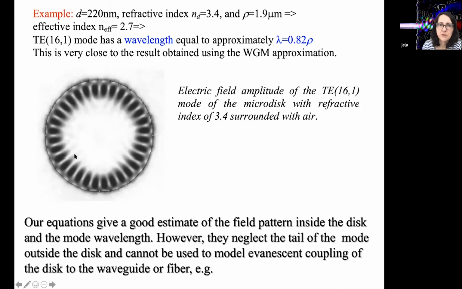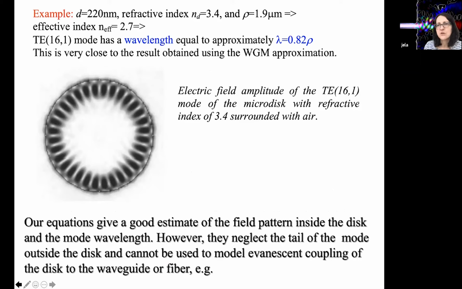It looks very similar. There are some differences, such as the field outside of the disk, but some of that is a result of scattering and imperfect discretization, because this was done in rectangular coordinates and not in cylindrical coordinates. There are also some differences in the field inside, but more or less you have the right field pattern.